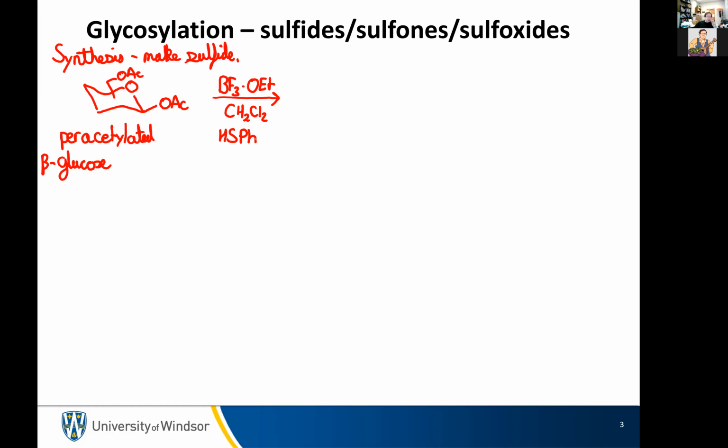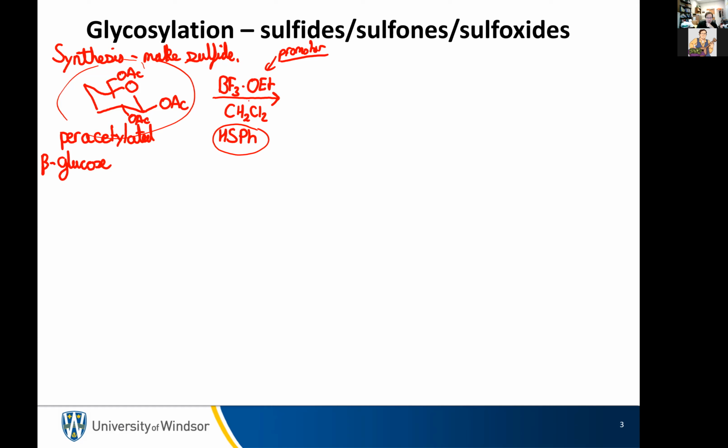Because it's glucose, we know that the C2 position there is axial by definition. So this is our promoter. This is our glycosyl donor. This is our glycosyl acceptor.